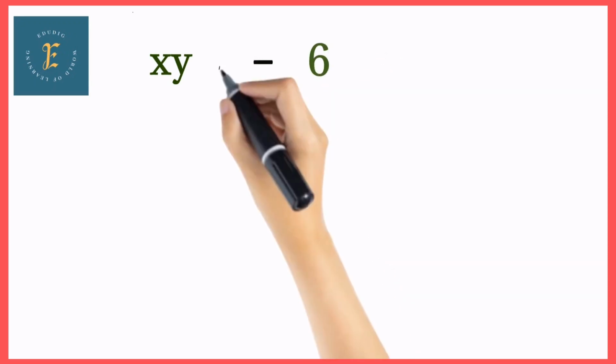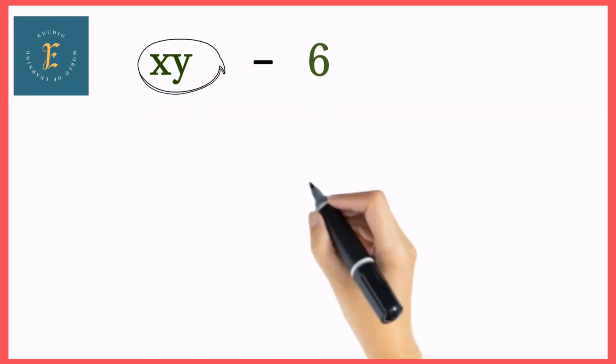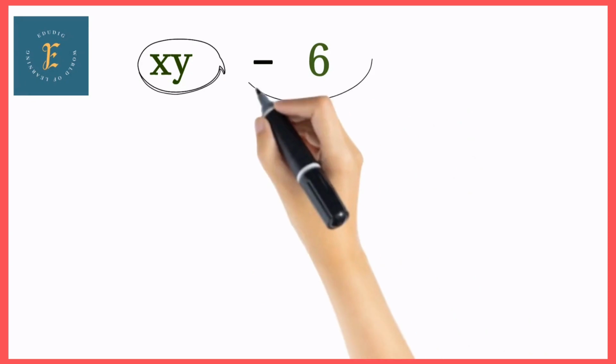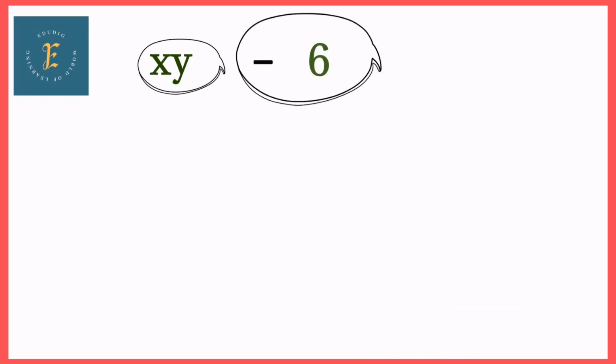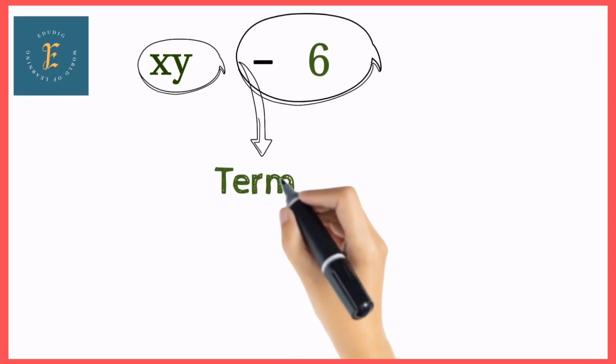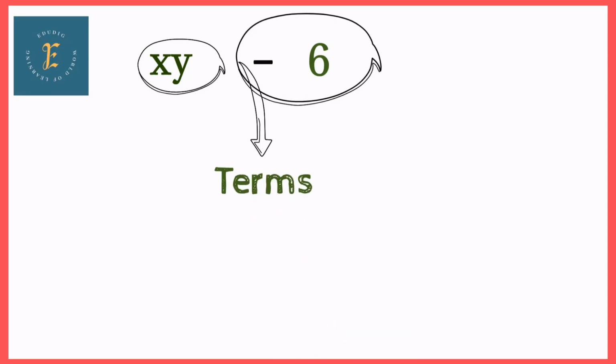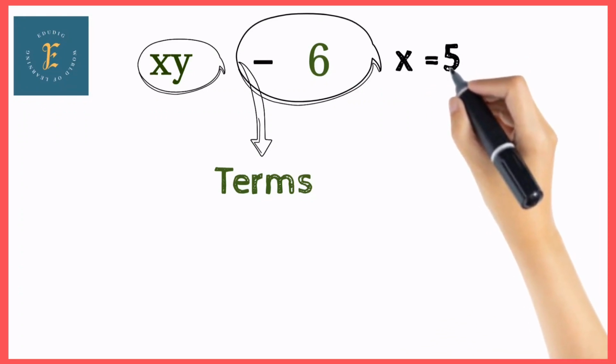Now in this example, xy minus 6, if you divide this expression in two parts, we will get the terms. xy is the first term and minus 6 is the other term. So these are called the terms. To find the value of this expression, we need the values of the variables x and y.